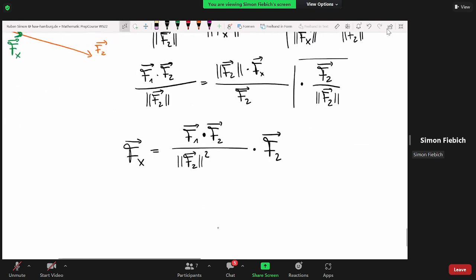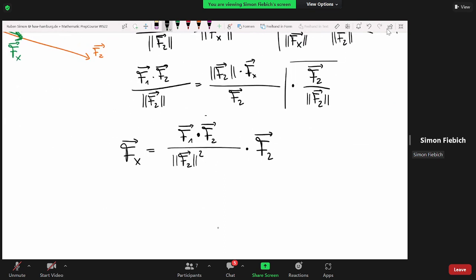So you have both of them in here, and please do not pull these together to something like a squared vector, because that's nothing which exists. There's nothing like a squared vector. But if you do the scalar product first, then this would be a real number, and you will divide it by a real number, and then you would have this real number as a factor of the vector f2.